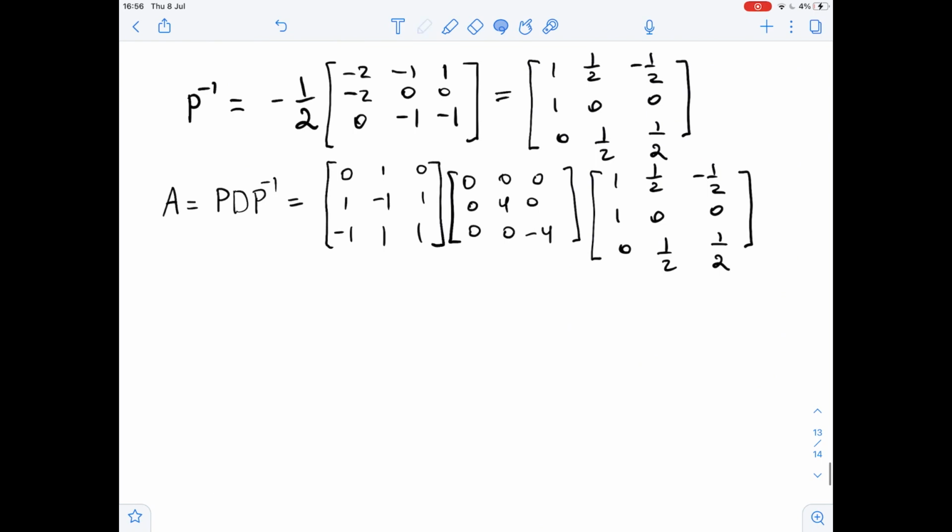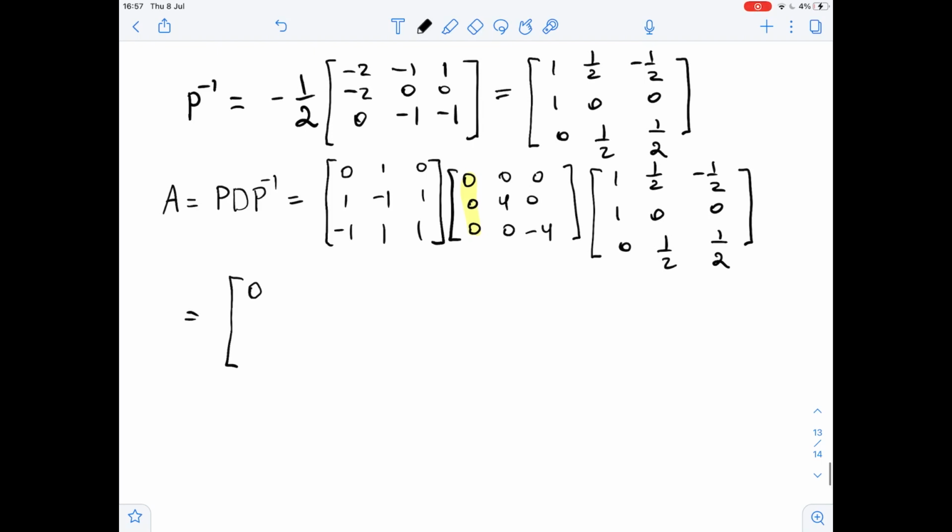Well, first I multiply the first two matrices, and here we get, as you can see, the first column of our second matrix is 0, so the dot product of the first row and first column is 0. Then the next entry is 0 times 0 plus 1 times 4 plus 0 times 0, so it's 4. Next entry is 0 times 0 plus 1 times 0 plus 0 times negative 4, so it's 0. Next entry is 1 times 0. So again, the first column of the second matrix is 0, so here we get 0.